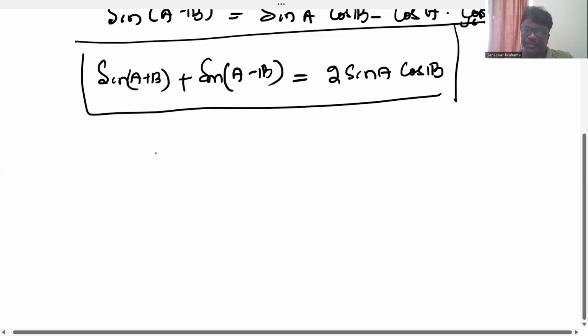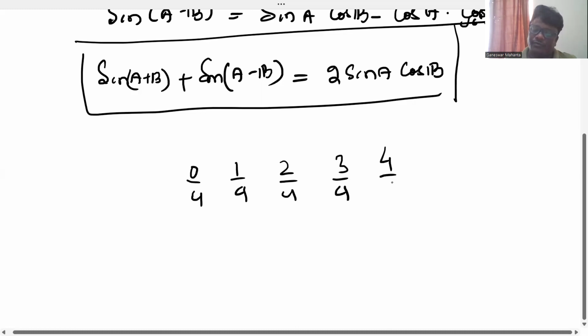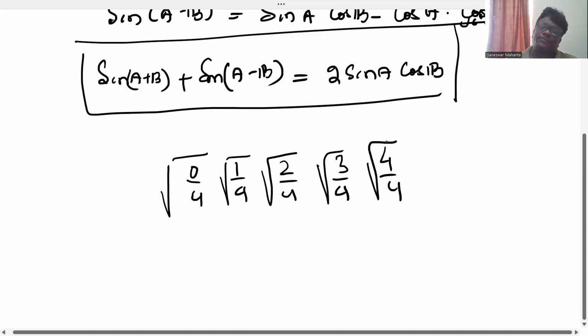What is sin 0 degree? What is sin 30 degree? Take 0 by 4, 1 by 4, 2 by 4, 3 by 4, 4 by 4, and take the root over this value, up to 90 degree.